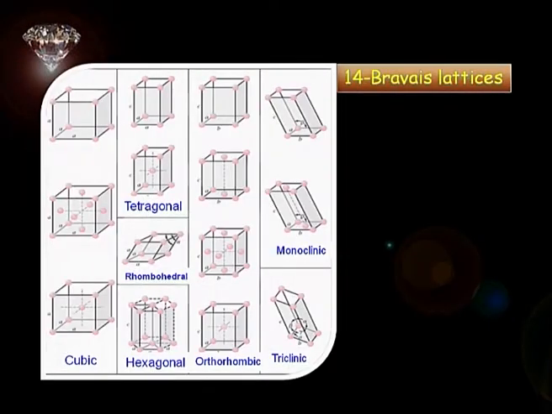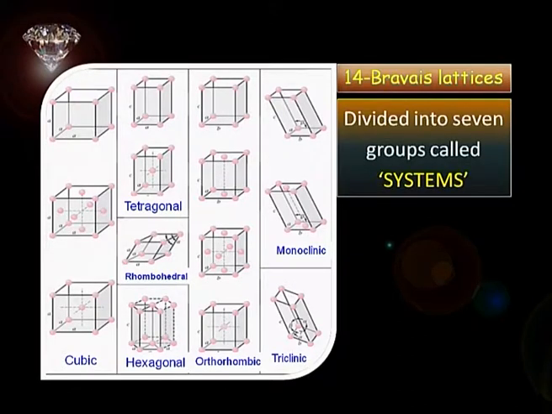These 14 Bravais lattices are divided into 7 groups called systems. They happen to be cubic, tetragonal, rhombohedral, hexagonal, orthorhombic, monoclinic and triclinic. They are the same ones we had in the case of crystal systems as well.